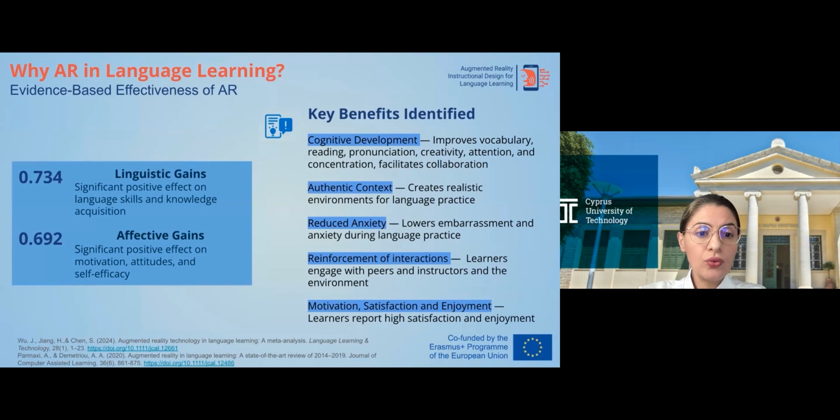Now, coming to the effectiveness of AR in language learning, this is supported by research. A recent meta-analysis found that augmented reality has a significant positive effect on both linguistic gains and affective gains.